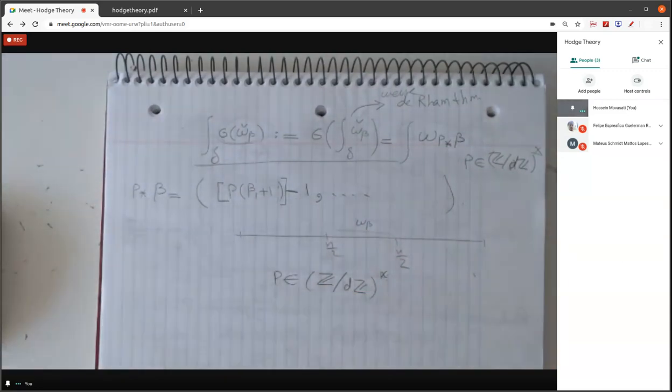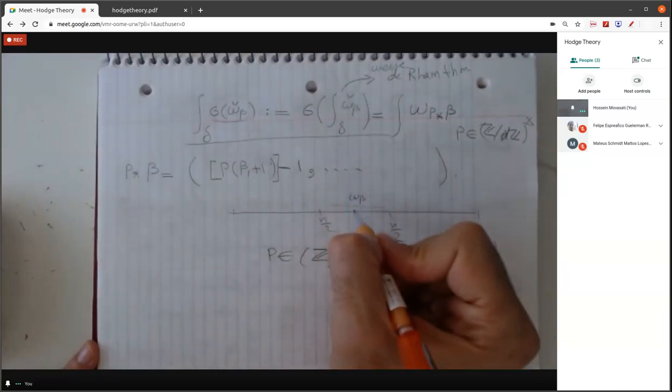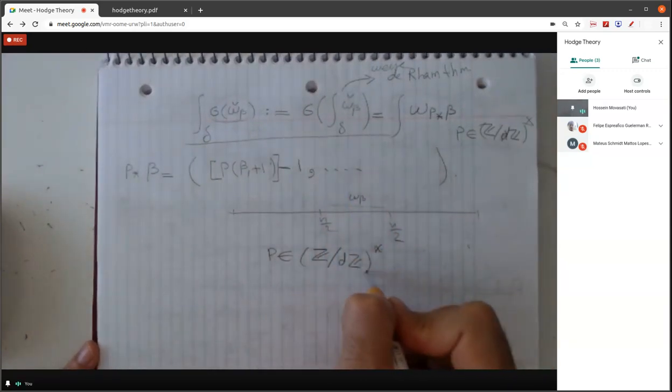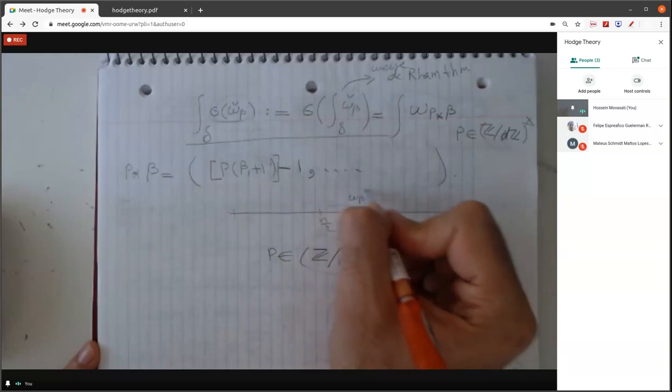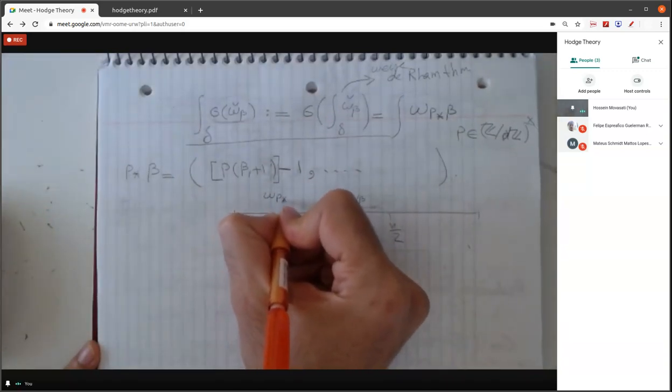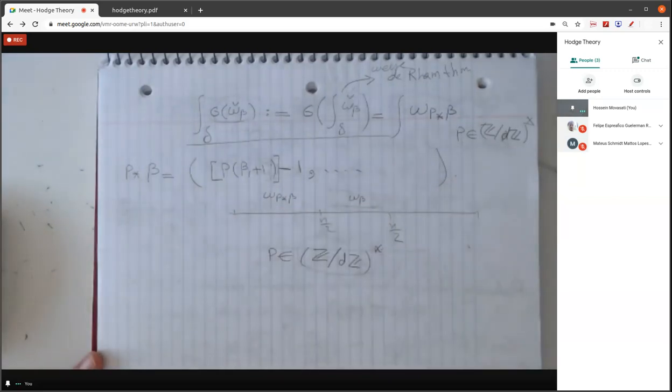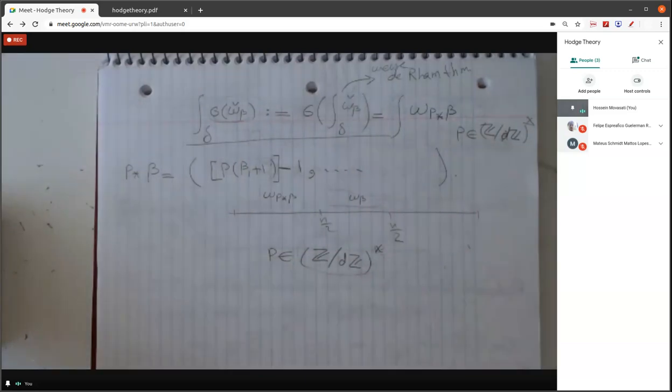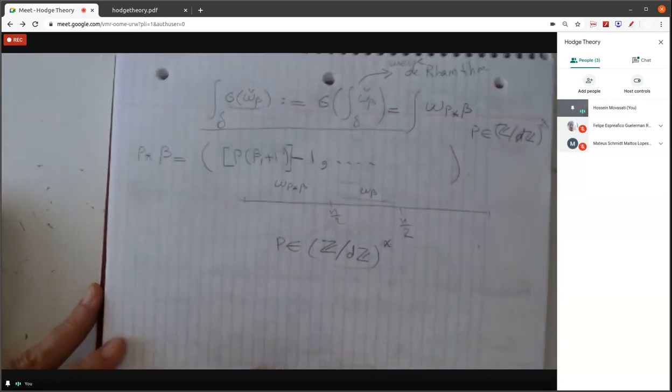Then I will let this group act on this omega beta, and then I will find maybe omega p star beta. So the elementary problem which we are now trying to formulate is this one.